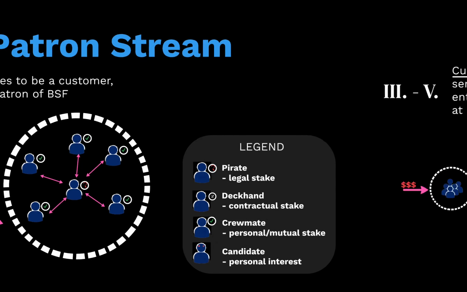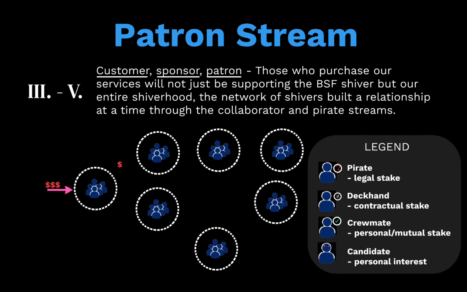Because we're doing this practice of splitting and building new shivers and supporting our friends in building their own communities and their own companies, we're able to spread that money out throughout our shiverhood. That is the goal, us being able to keep wealth within our community rather than losing it to faceless corporations. Because we know who each other are, because we did this work and connected with them.